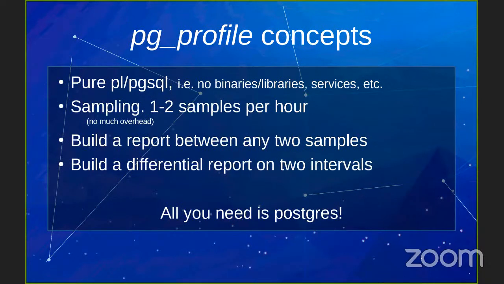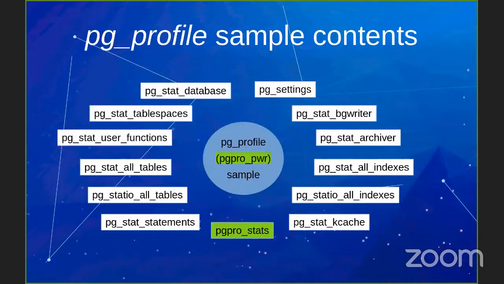So, PG Profile is an extension written in pure PL/pgSQL. You'll need only some kind of scheduler for tracking your Postgres workload with regular samples. You can build reports or differential reports on any collected sample sequences. PG Profile sampling collects data from all useful incrementing counters for all available objects, but not all counters are saved in samples.